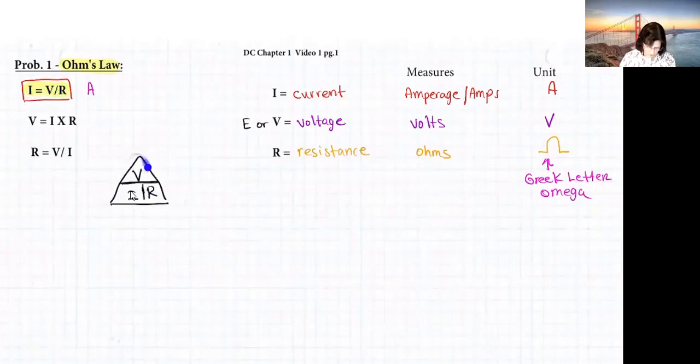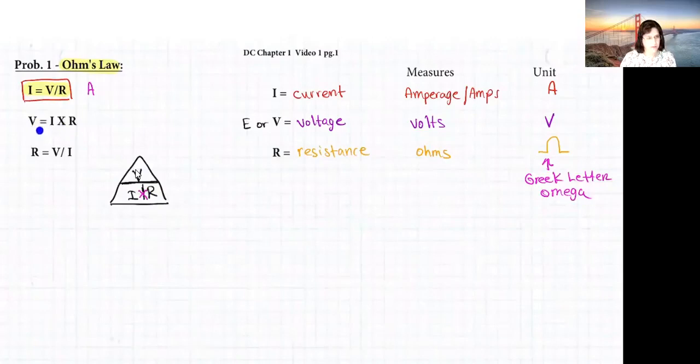And from this triangle, you can also see what voltage is. So now we're going to cover voltage right here. So just pretend we're covering that. And then you see I, R. They're next to each other. So there's like a multiplication thingy right there. And that's how you come up with this formula.